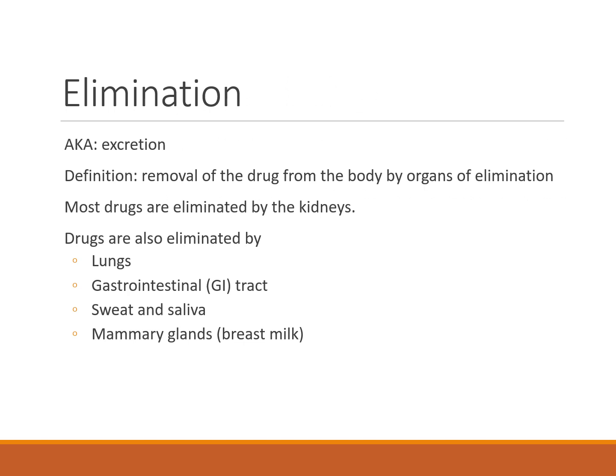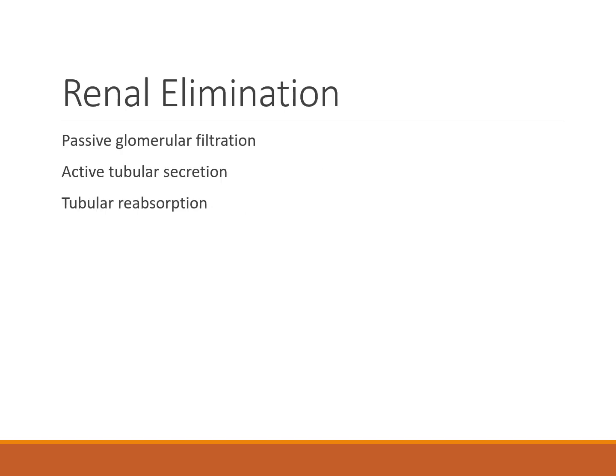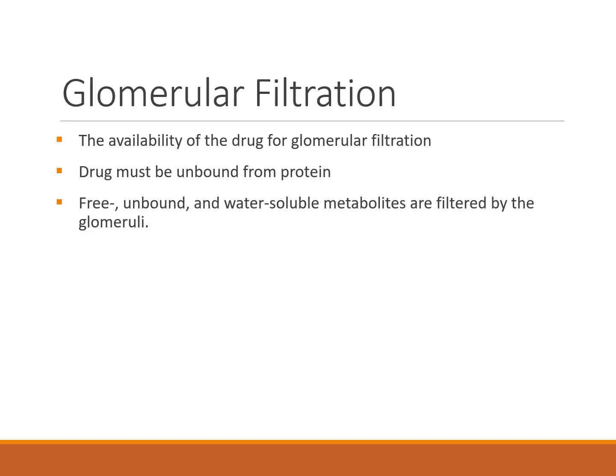Elimination, this is excretion. It's removal of the drug from the body by the organs of elimination. And that can be lungs, GI tract, sweat, saliva, breast milk, but most often it's the kidneys. The renal elimination is passive glomerular filtration, active tubular secretion, and tubular reabsorption. Glomerular filtration, the availability of the drug for glomerular filtration.